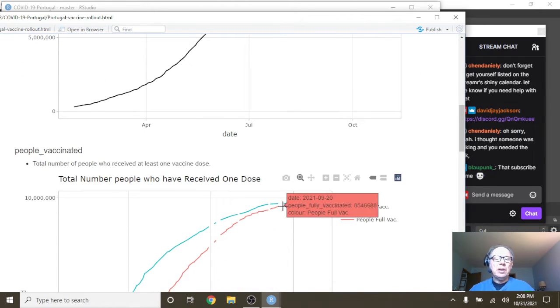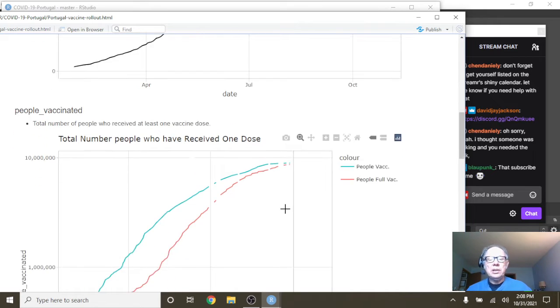Oh, you know what it is? I know what it is. Actually, okay. That's okay. So the total number of people vaccinated who have received at least one dose is 8.9 million, and the full vaccination count is 8.6 million.